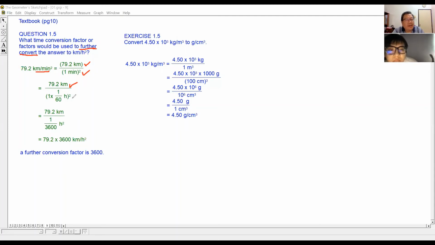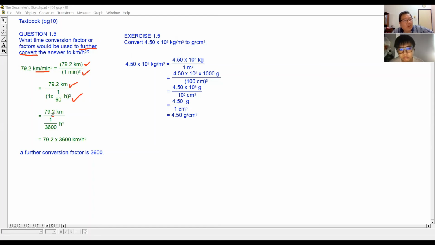But at the bottom, we have to convert it to hour. 1 hour is 60 minutes. 1 minute is 1 divided by 60 of an hour. But because of the square, you have to square both the number and also the unit.